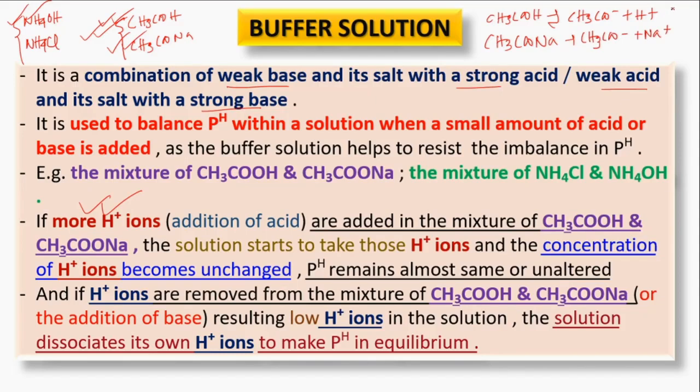If we add more OH minus to this solution, they will combine with H plus to form water molecules. And if we add more acid, that means more hydrogen ions, they can combine with the acetate ion to form acetic acid again. So ultimately, the pH of this buffer solution and the given solution will remain almost unaltered.